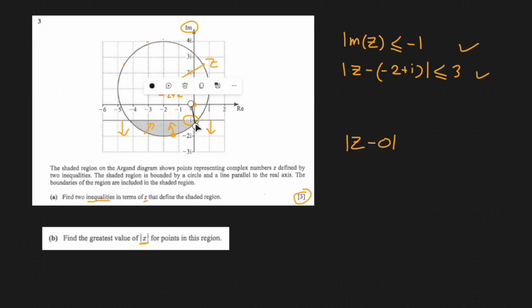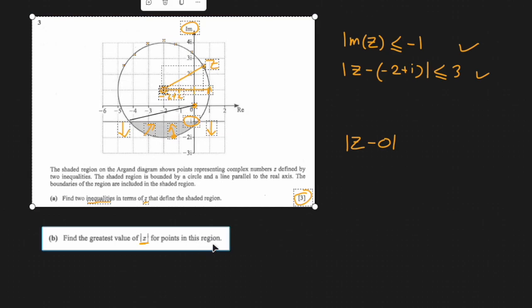It is very short here, then longer, longer, longer. In this shaded region, where do I get the longest line? Longest I get here. This is the longest modulus in this region.